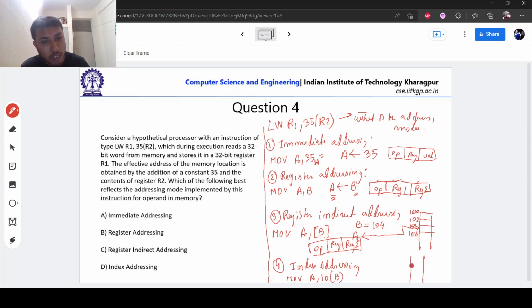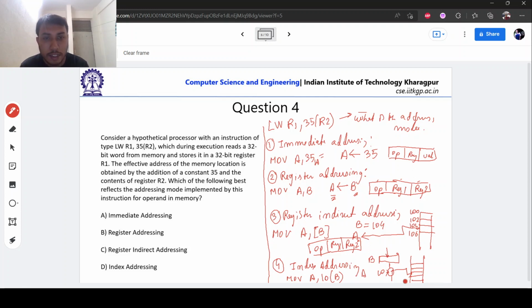Suppose this is the memory, and this is a register B. The value in A is obtained by adding 10 to the value in register B. B here is a special type of register called the index register.